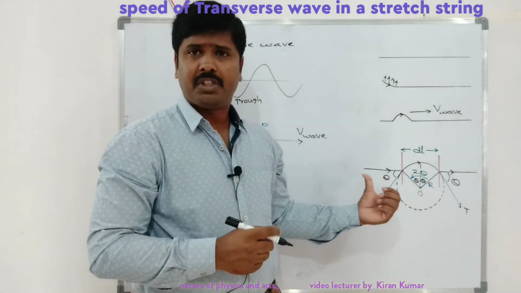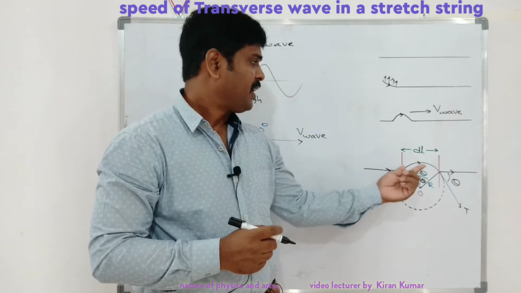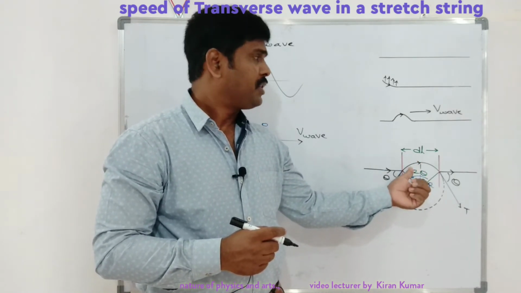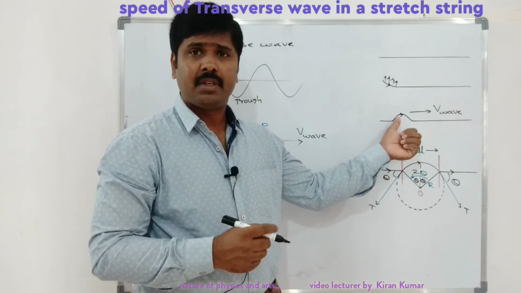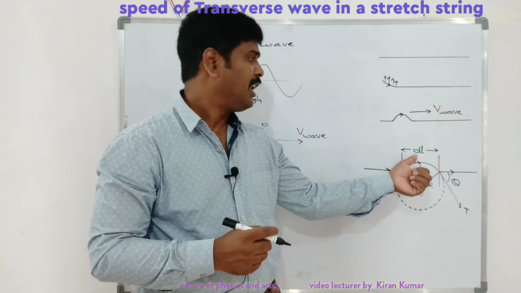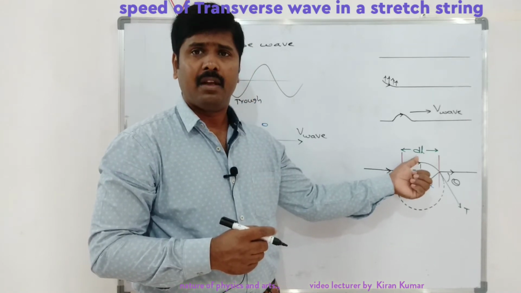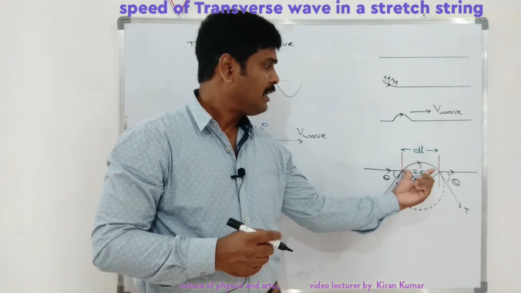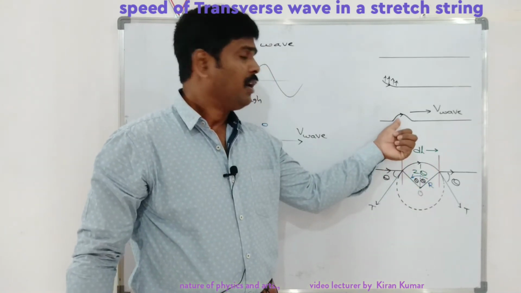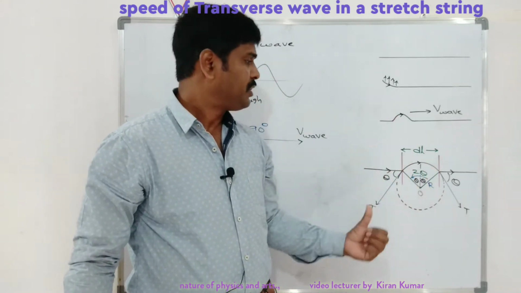For derivation purpose we are considering a circle, that is an arc of the stretched string, that is the pulse of the stretched string here. So that arc is taken as element dl. This is the dl element, like an arc of the wave pulse in a stretched string.